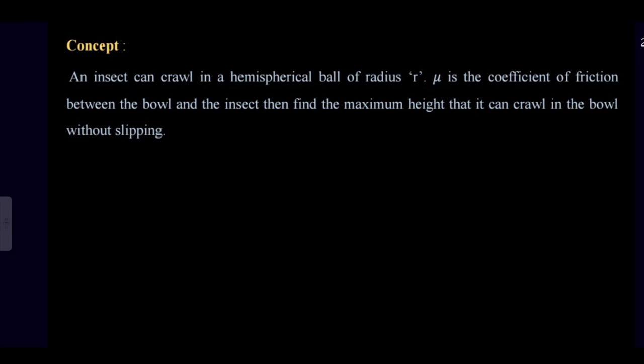If mu is the coefficient of friction between the bowl and the insect, find the maximum height that it can reach in the bowl without slipping.